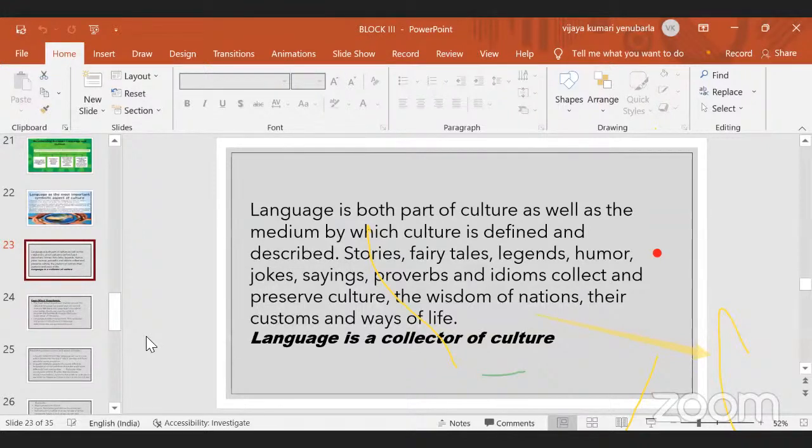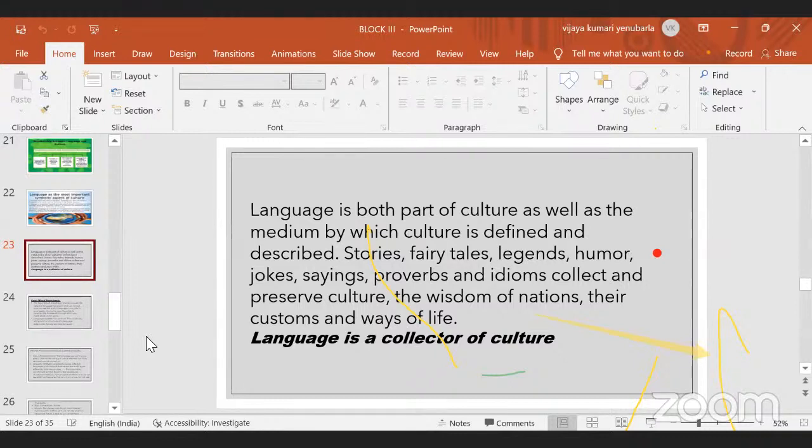So if you are going to read Beowulf, we have never seen or heard about Beowulf, but you have to read it. And while you are reading that, for example, take Shakespeare. We never saw Shakespeare. He doesn't belong to our culture, but they have preserved it. He has preserved the societal circumstances.